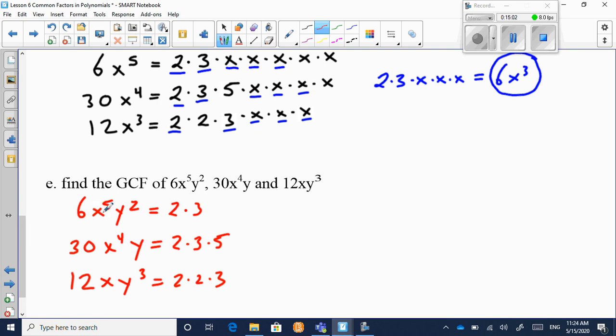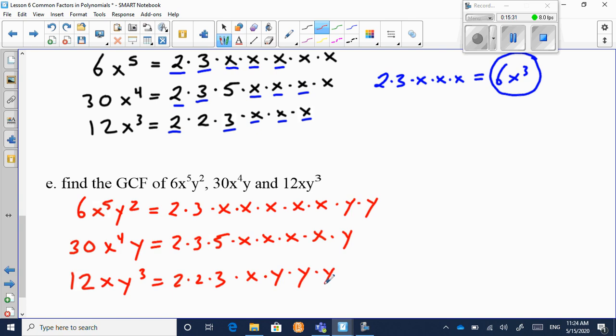But now let's do our variables. Well, this top one will be x times x times x times x times x. So that's x to the 5th. And then times y. x to the 4th. So that one will be times x times x times x times x, 4 x's, times y. And then the last one is times x times y times y times y.